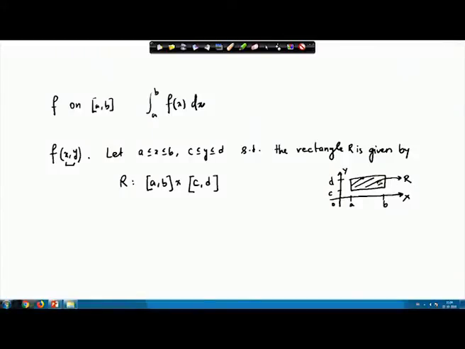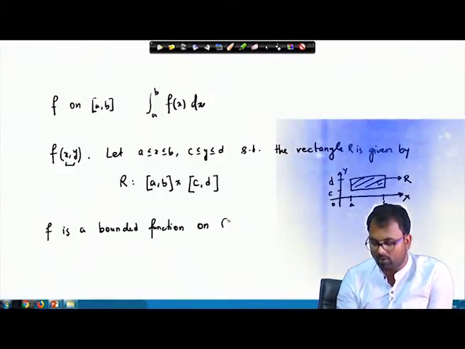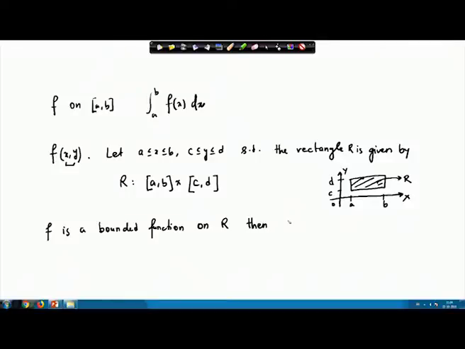If f is a bounded function on R, then we denote the double integral as the integral from a to b, c to d, of f(x, y) dx dy.